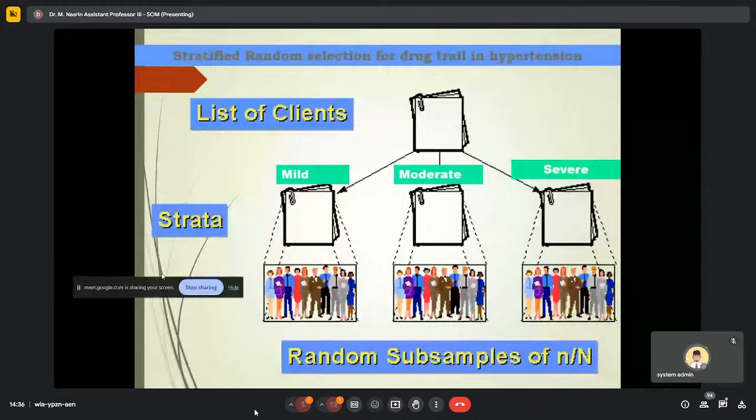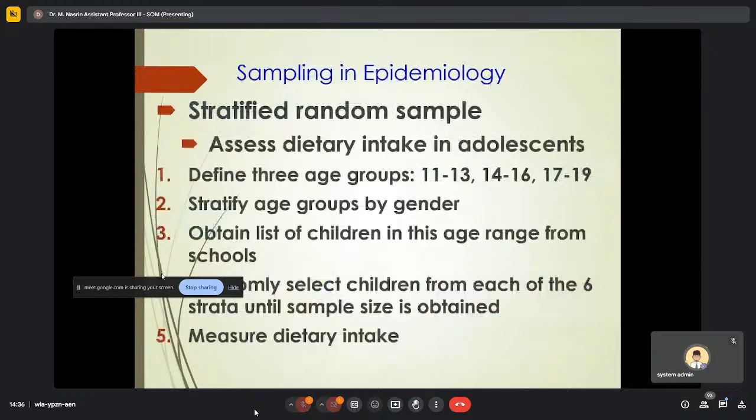These three groups are referred to as three different strata. From each group, I will pick some sample based on age, income level, educational qualification level, or the diseases they have. So this refers to the stratified random sampling technique.